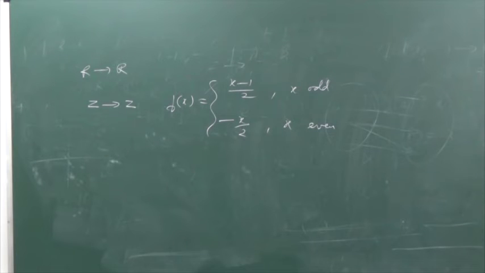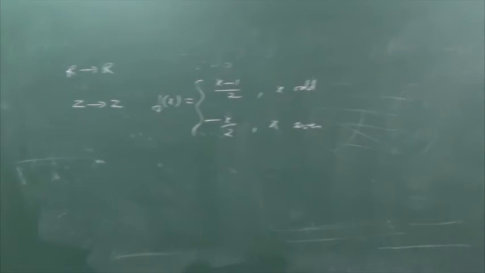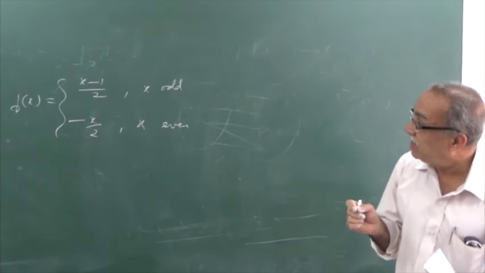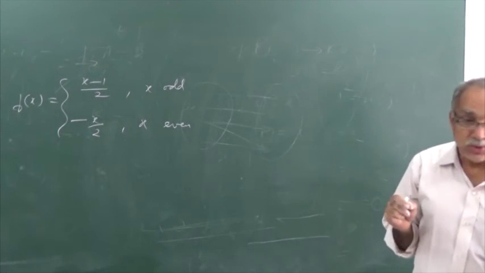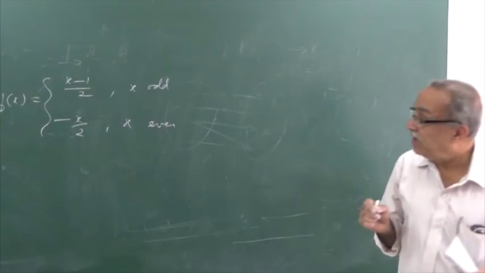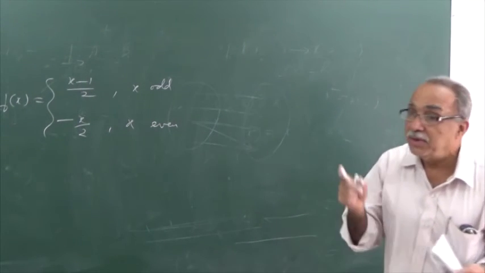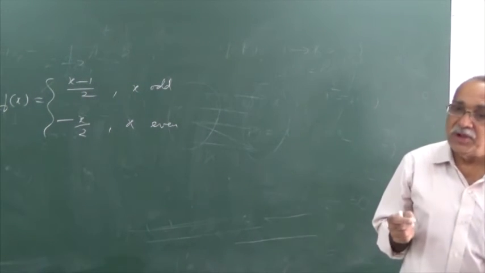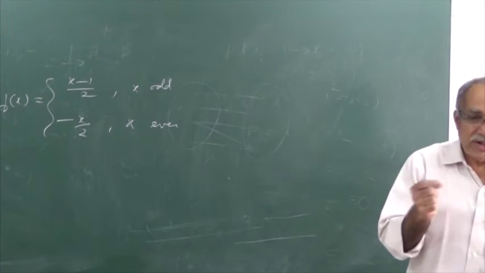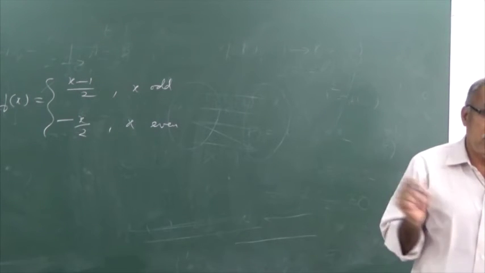Reason? Mention two elements having the same image. -3 has image -2, and +4 image also is -2. For that, one reason is enough. The function is not 1-1.